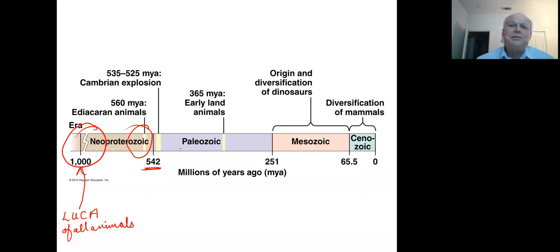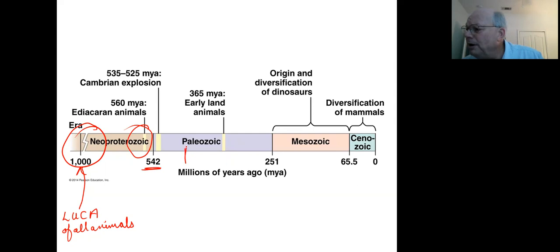But around 340, 365 million years ago, we see the emergence of the first terrestrial tetrapods. But about 100 million years prior to that, around 460 million years ago, somewhere in that time frame, we actually see the first animals of any kind colonizing land.